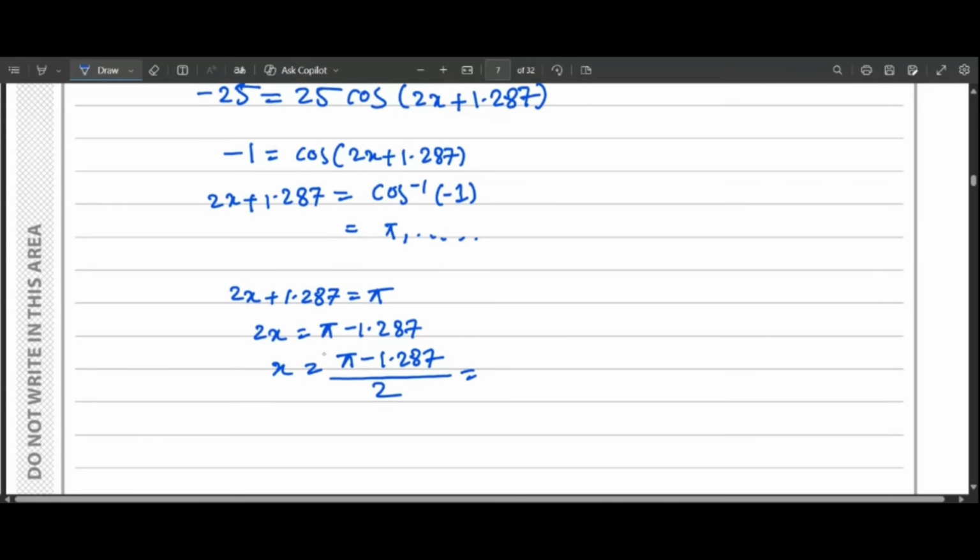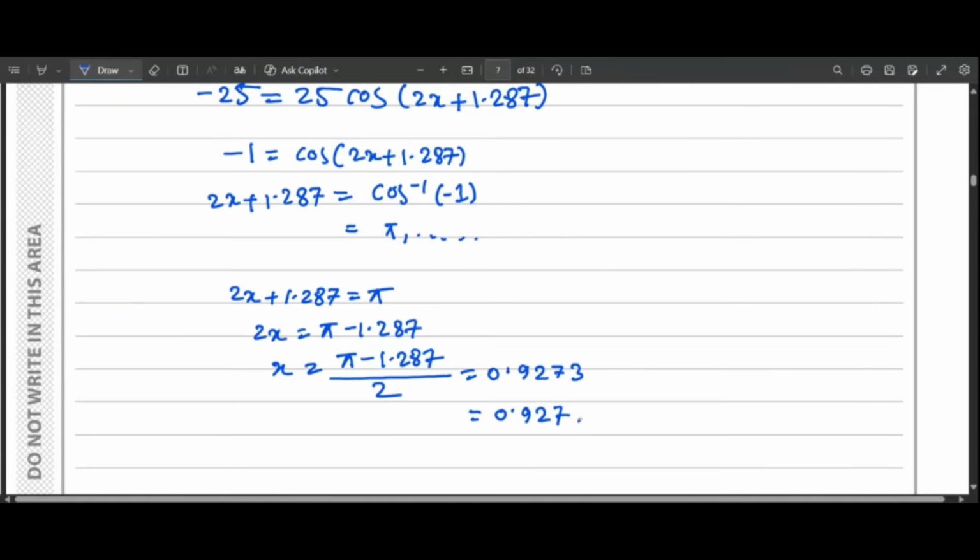And this gives us 0.9273, and we have to keep it to 3 decimal places.